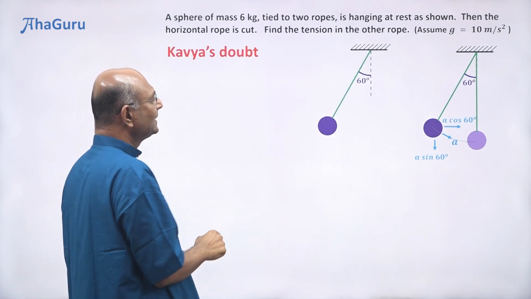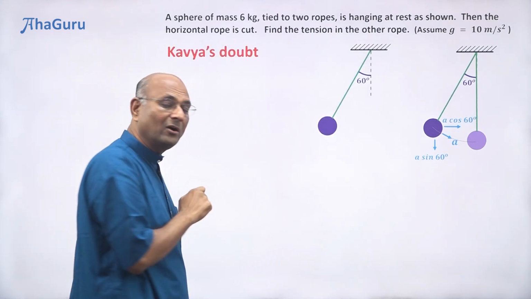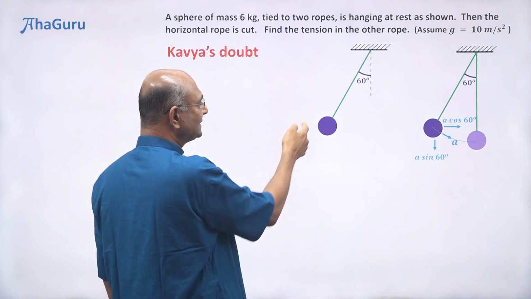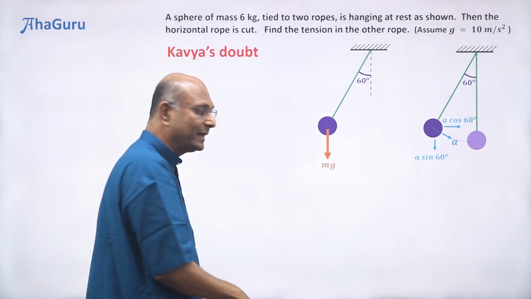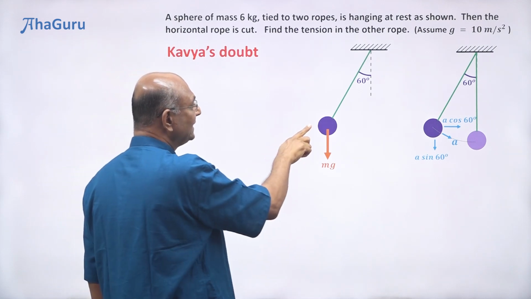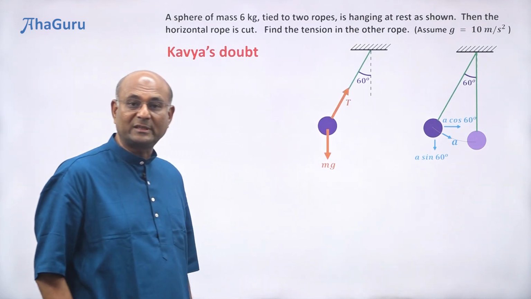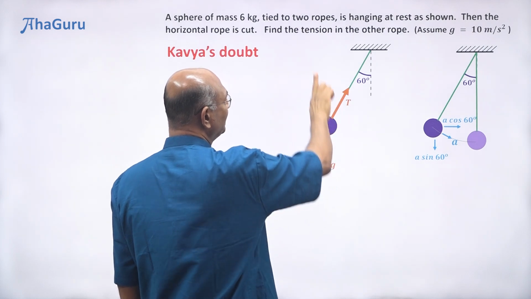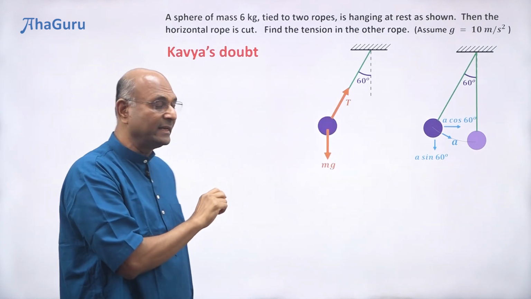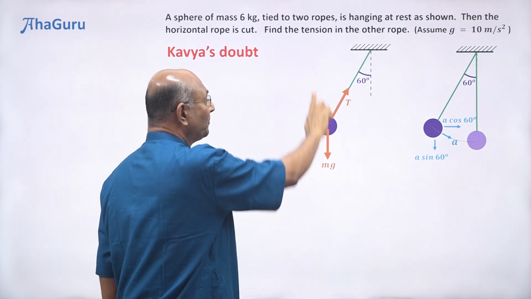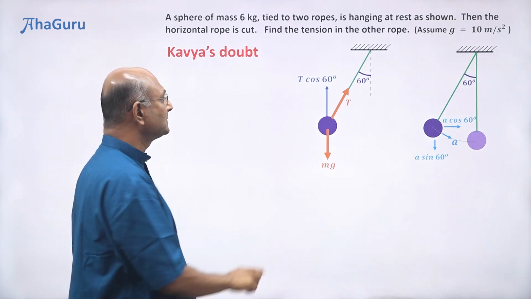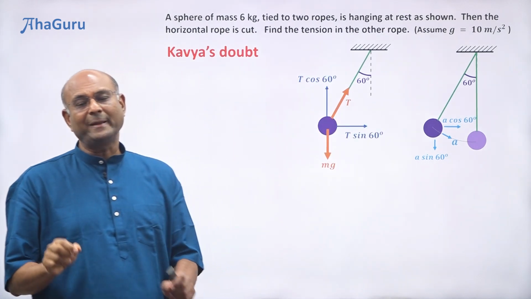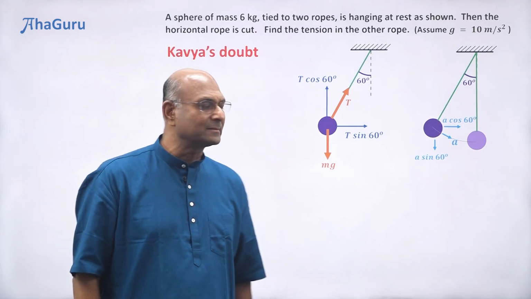So Kavya says that once you have cut the horizontal rope, there are only two forces acting on the sphere. One is the weight mg and the other is the tension force T. And since the tension force angle with the vertical is 60 degrees, the component of the tension vertically must be T cos 60 degrees and its component horizontally must be T sin 60 degrees.